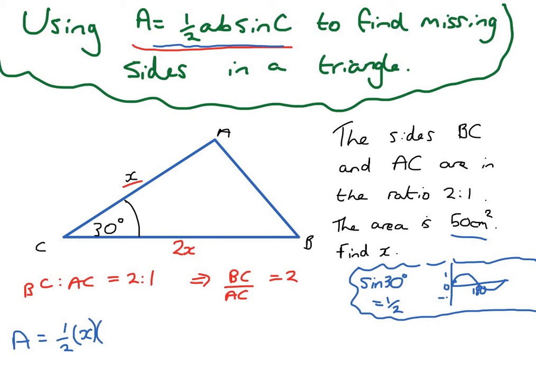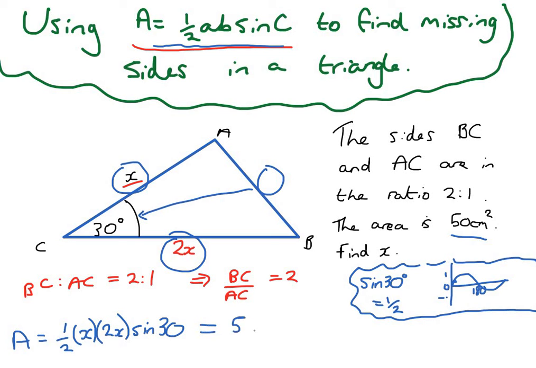B, in this case it's going to be the side BC, which is 2X, and sine of C, which is 30 in this case. Okay, so basically when you're using this formula, it's the two sides, and then imagine this is the third side, it's the angle across from that. Okay, and we know this is equal to 50.